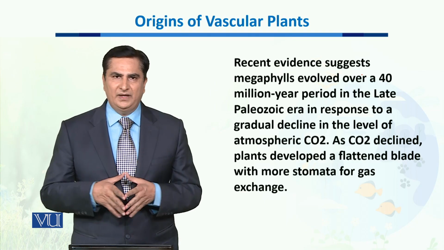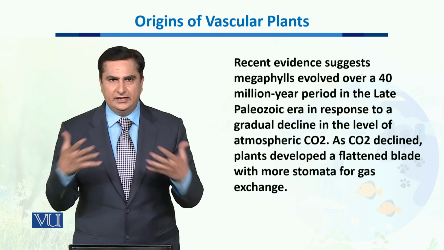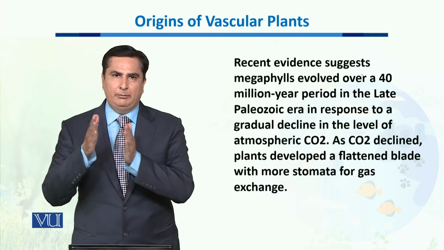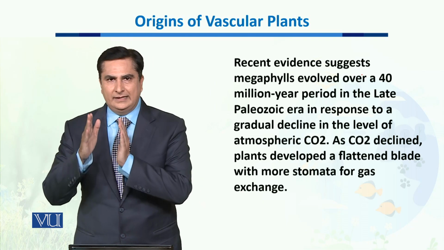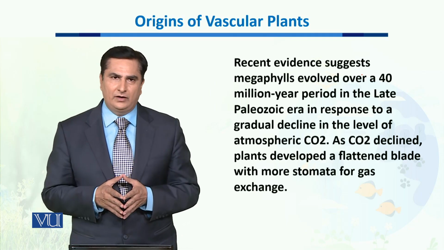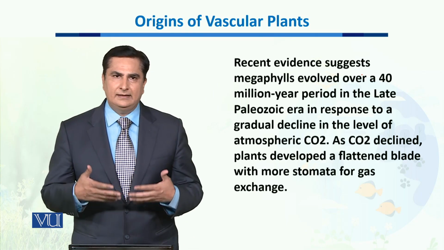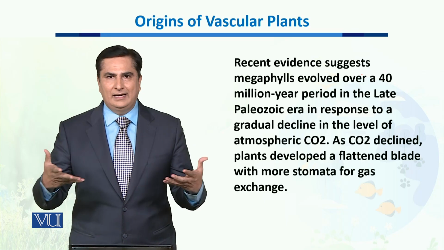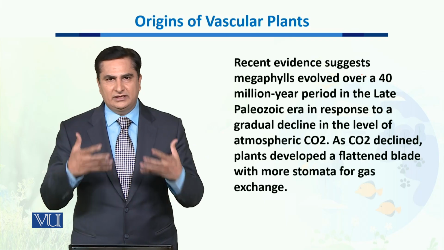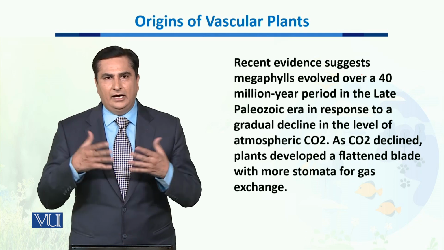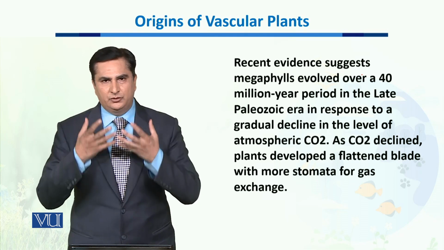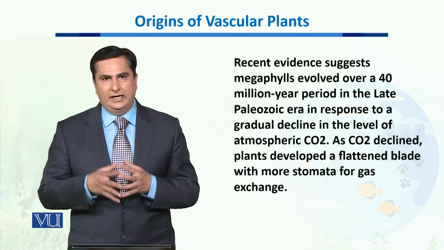In the beginning, the land was rich in carbon dioxide, but with the passage of time, history saw a decline in the level of carbon dioxide. As a result, megaphylls, or broad leaves, evolved with the presence of stomata in them, which helped them effectively exchange gases and absorb carbon dioxide.